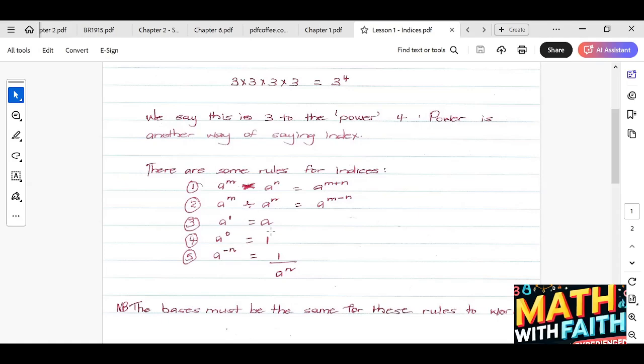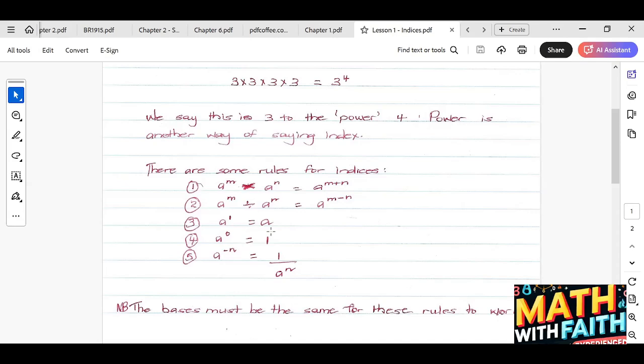So any number that you see by itself, it's understood that that is to the power 1. Think about it. It's just a by itself. It's not multiplying itself at all, right? So a to the power 1 is equal to a. Anything to the power 1 is itself.